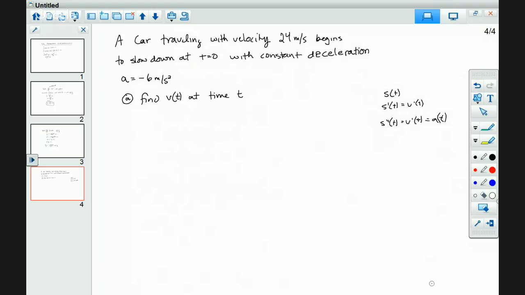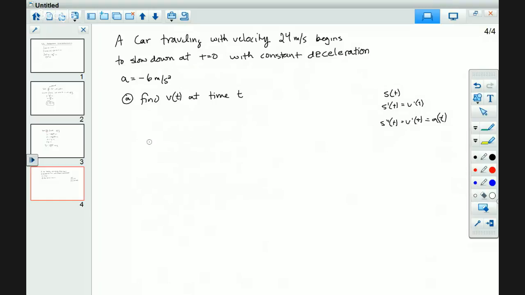Now we're going to go backwards. So what are we given? We're asked for velocity, right? Given acceleration. And that is an initial condition. At time 0, the velocity is 24 meters per second. So this is your initial condition, and you have an acceleration function to start with.